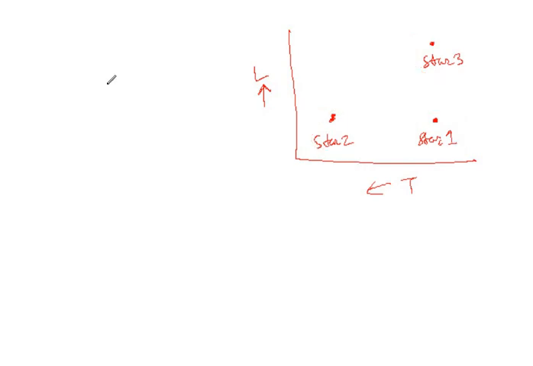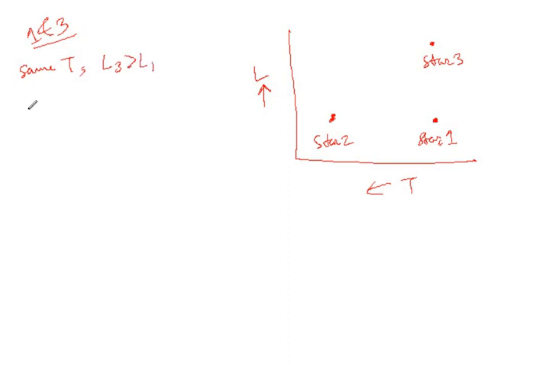Fine. Let's see. First let us consider star 1 and 3. Now, they have the same temperature, right? But even if they have the same temperature, L3 is more than L1.